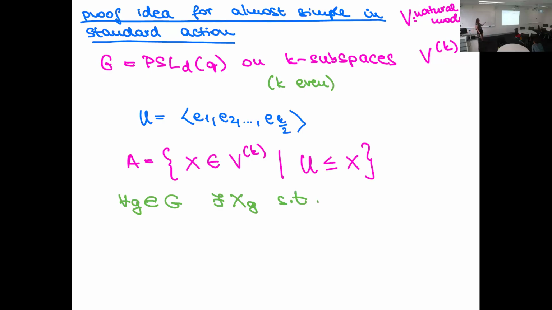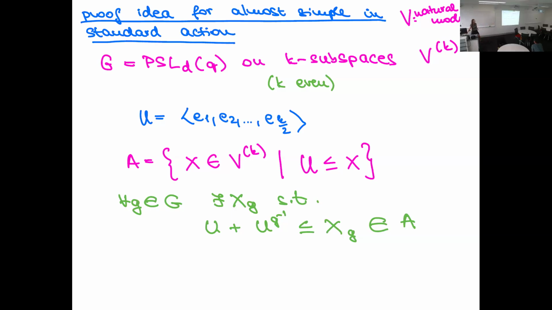Then, for every element of the group, there exists some X_g, which is something that contains this U and its image under the action of g inverse. Because these two things are k/2-dimensional subspaces, of course there will be a k-dimensional subspace that contains both of them.